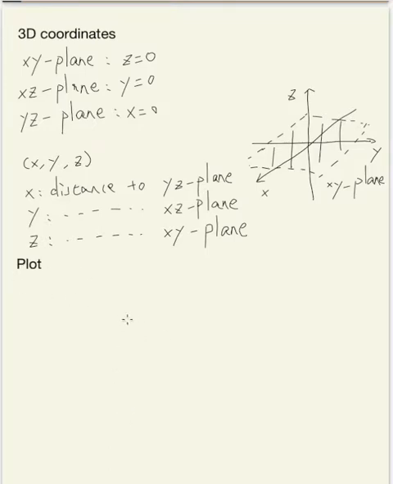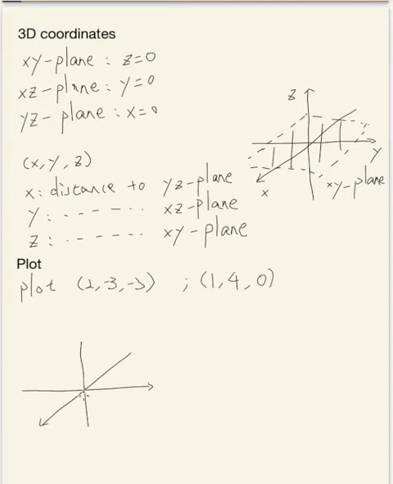Let's try to plot a couple points. Let's plot (2, -3, -3), and then (1, 4, 0). Again, let's draw the three axes. This is y, this is x, this is z.